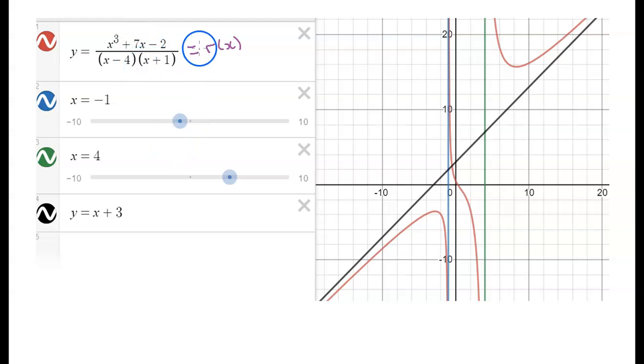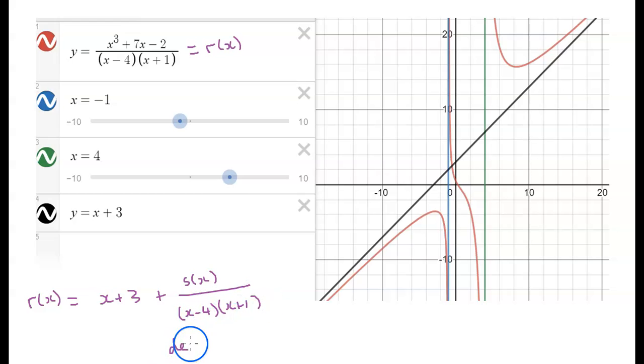And I'll leave it to you to use polynomial division to show that r of x is equal to x plus 3 plus some remainder polynomial s of x divided by x minus 4 times x plus 1, where the degree of s is less than or equal to 1.